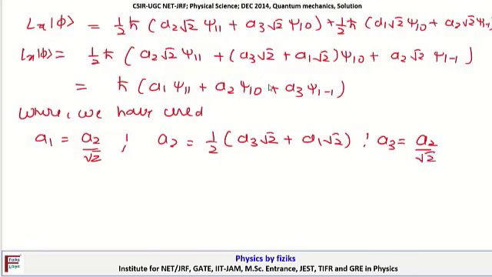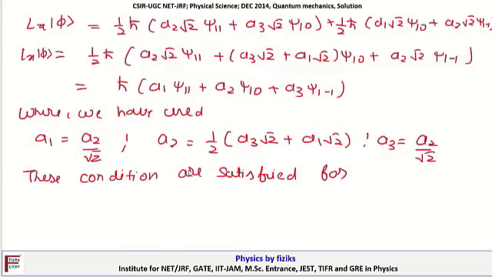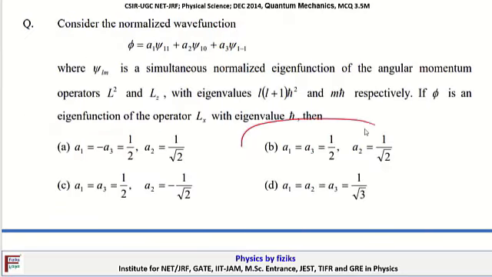These conditions are satisfied for A1 and A3 equal to 1 by 2 and A2 equal to 1 by root 2. Thus, option B is our correct answer.